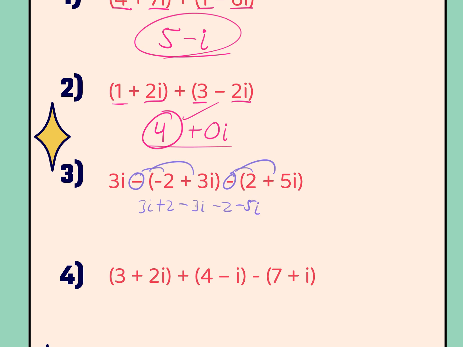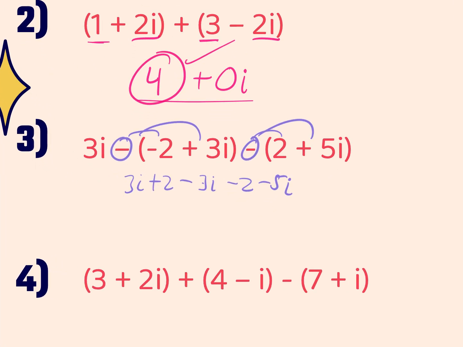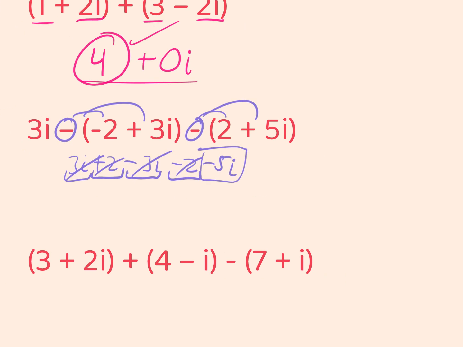What cancels here? What are the real numbers? Our real numbers are 2 and negative 2, and when we combine them, they go away. Our imaginary numbers here are 3i and minus 3i, and 3i minus 3i goes away. The only thing that we're left with is a minus 5i.